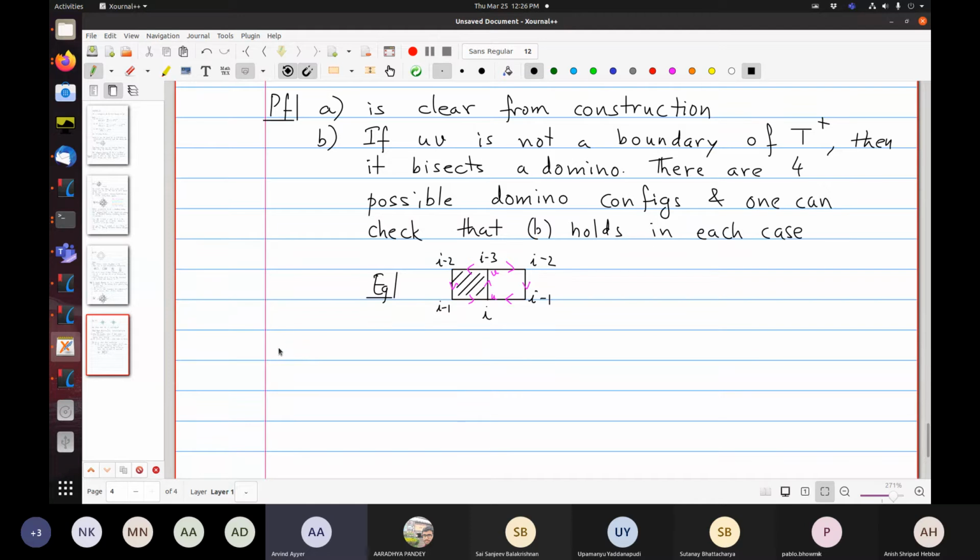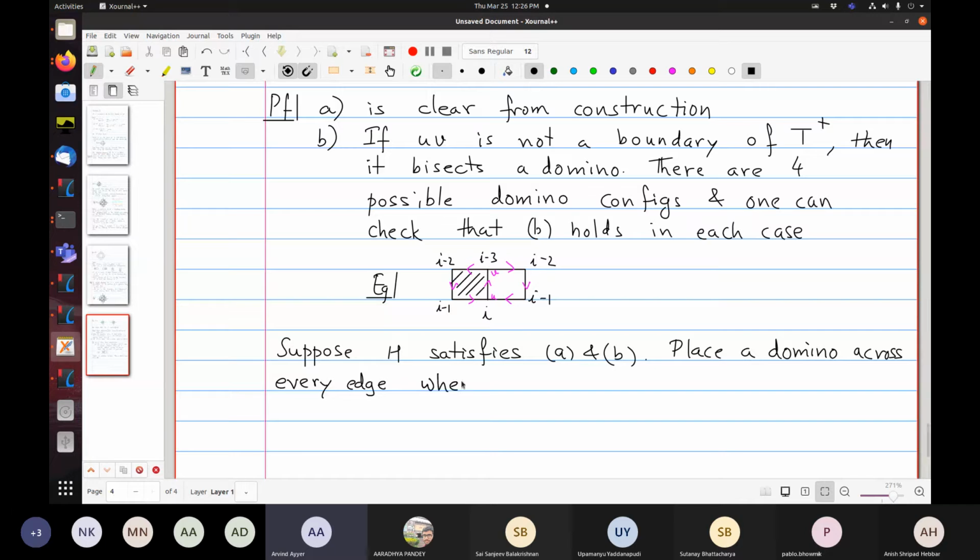For the converse, suppose h satisfies A and B, place a domino across every edge where the difference is 3.